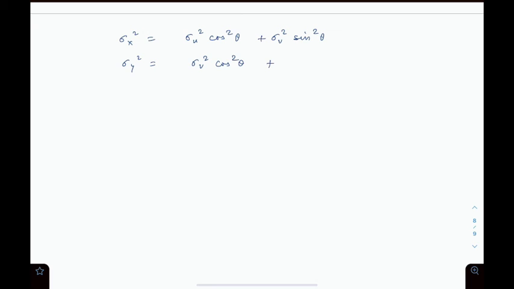And the correlation coefficient is just sin theta cos theta times sigma u square minus sigma v square by sigma x sigma y. Now if rho is fairly large, that is if the ellipse is thin, just knowing sigma x and sigma y would give a wrong impression of how close a point x comma y is to the mean mu x, mu y.